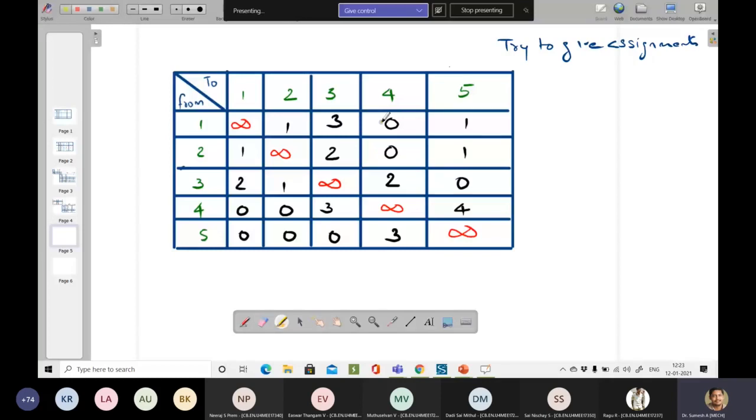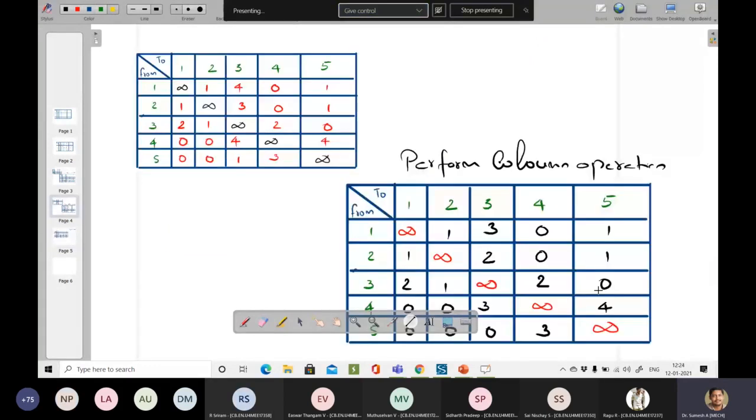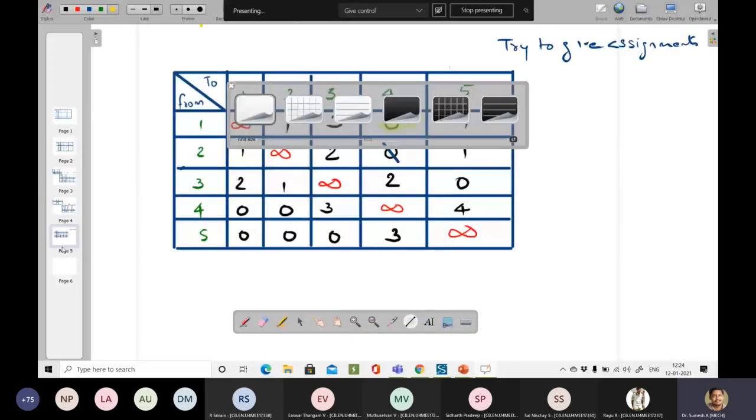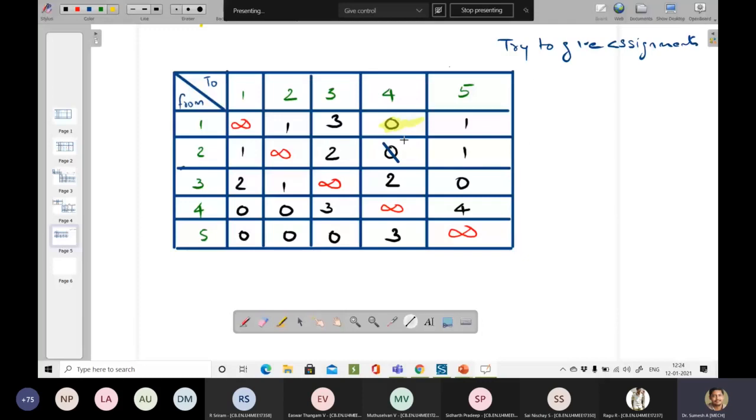What happens to the next one? When you are giving the assignment on the top, that will get cancelled. So we were here. If we are giving the assignment on that zero, this one will be cancelled off.